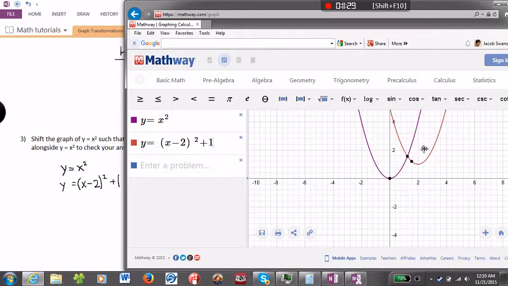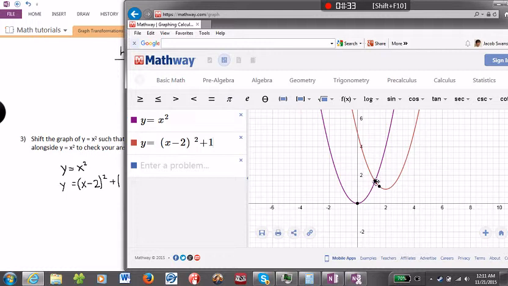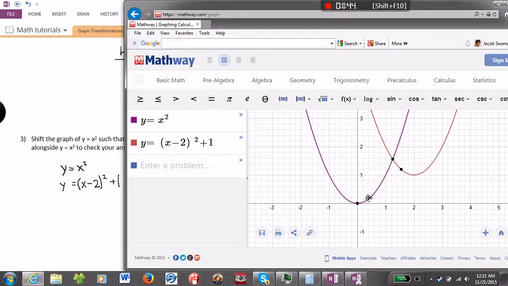Alright, let's see if we can zoom in any more. Is there a zoom in button? Don't be slow, Mathway. Okay. Alright, let's take a look then. So the purple is the original graph, y equals x squared, and red is our graph.